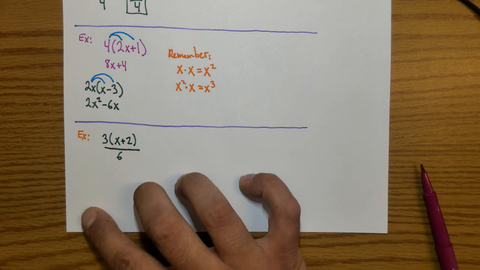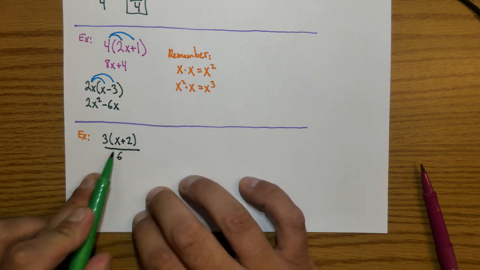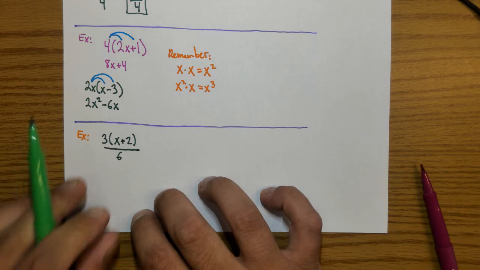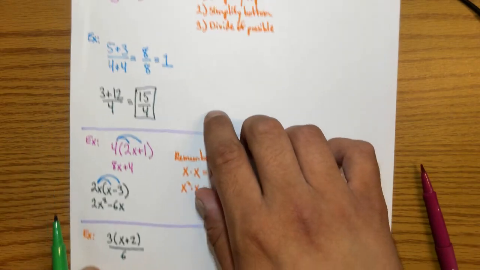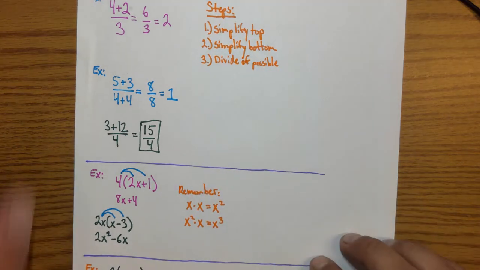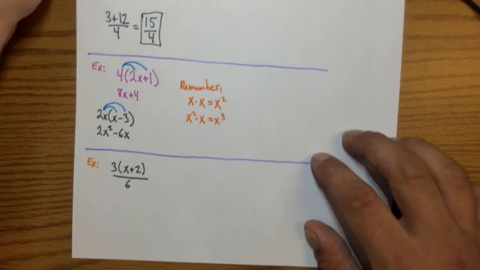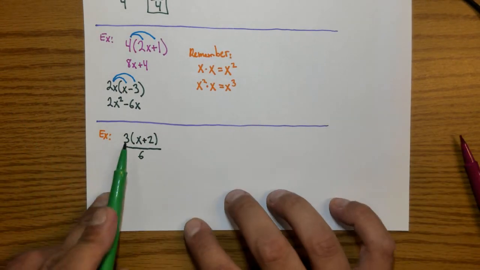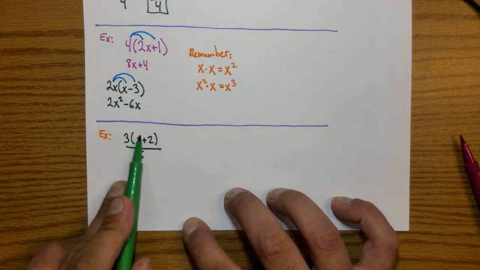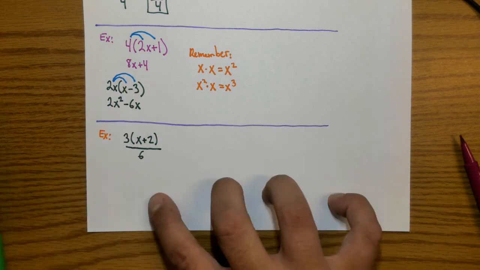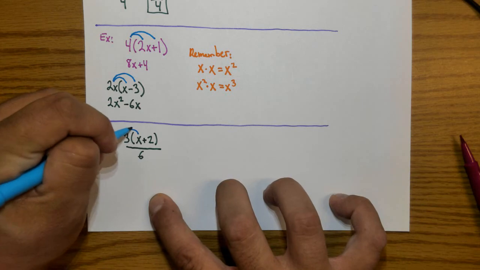Well, this is a fraction, right? It's telling us it's division, and let's review these steps that we learned up here. Simplify top, simplify the bottom, and divide if possible. If we just follow those, we should be able to simplify this just fine. To simplify the top, we need to use our distributive property. So we're going to multiply the 3 times x, 3 times 2.